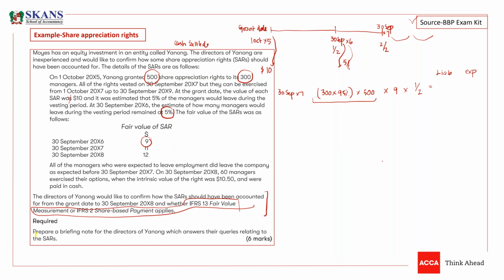This is the starting point, and they are saying that all the rights will vest on 30th November 20X7. If the rights will vest in September X7, obviously we need to do this over 2 years.